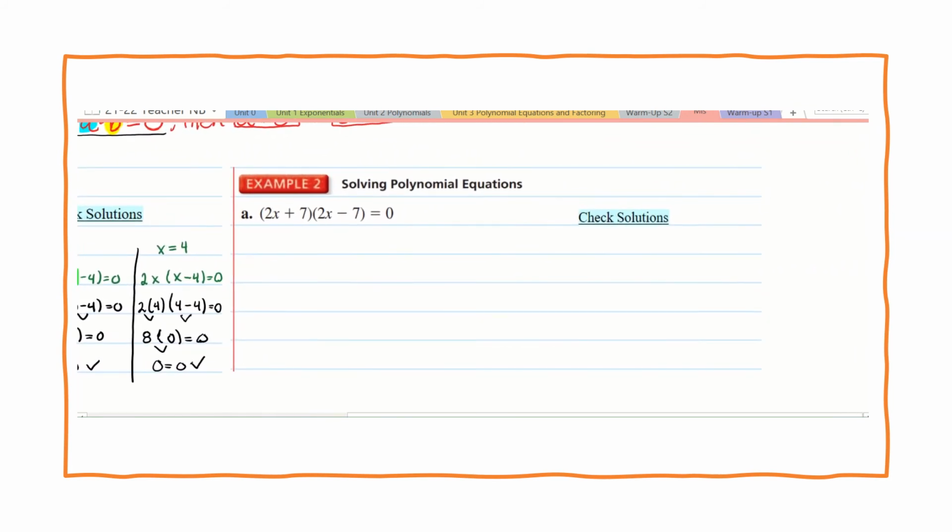Let's go ahead and do the second example. On this one, we have more terms in our factors. So we're going to set each of our highlighted factors equal to 0.